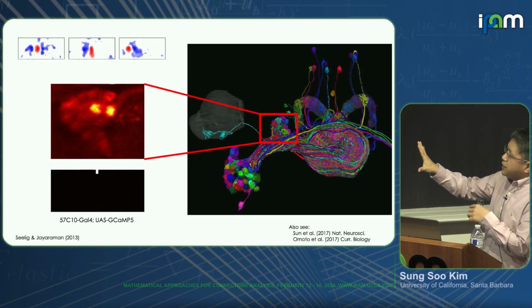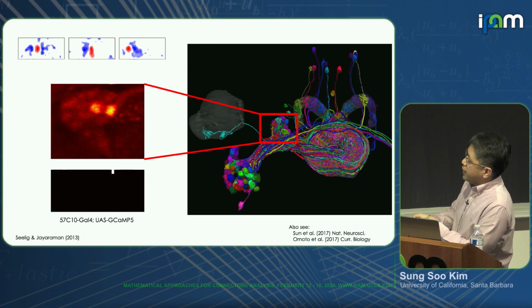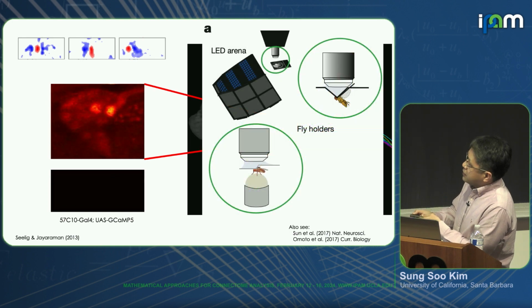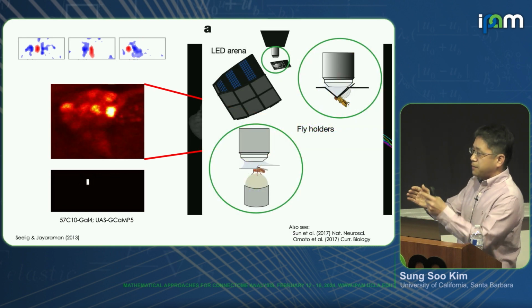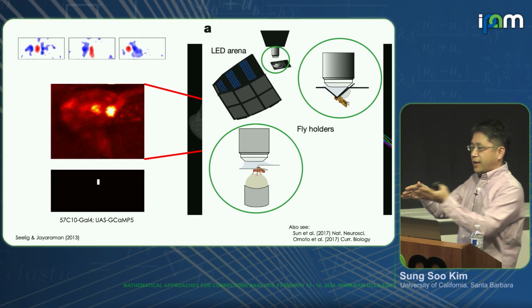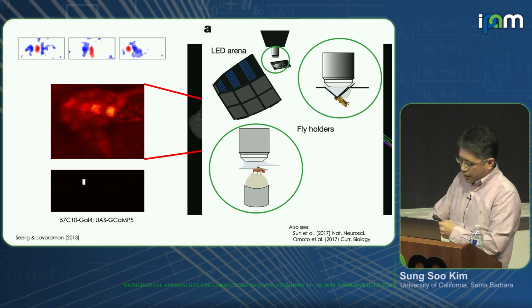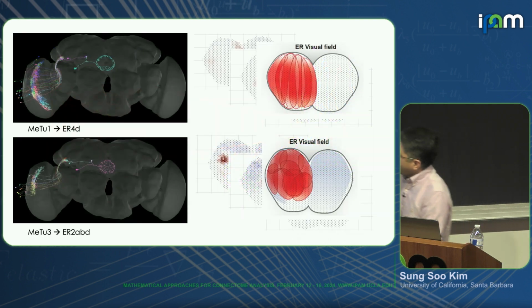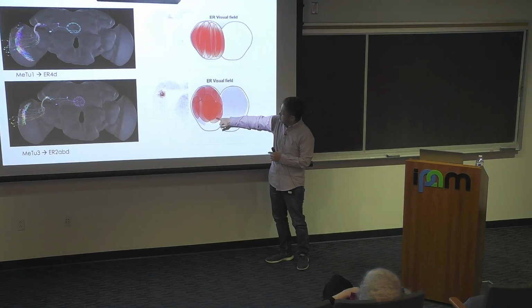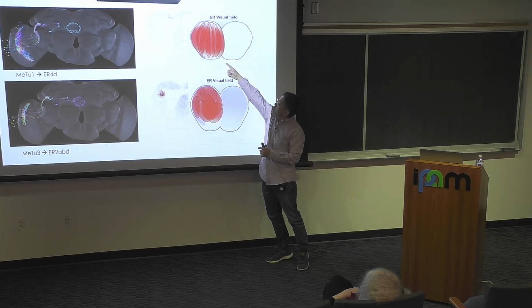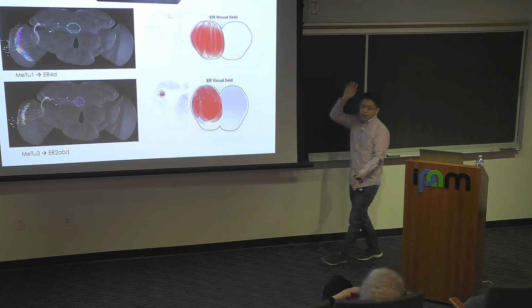So coming back to this video, I told you that Johannes in Vivek's lab recorded from individual ring neurons and generated this kind of plot. But it turned out that this visual stimulus can only cover about 210-degree azimuth and 60-degree elevation, meaning that if you go back to here, the span of this single circle is about 60 degrees, whereas this one covers almost 180 degrees.